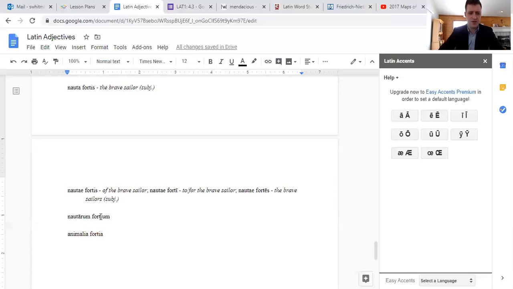In the genitive plural, we're going to get ium, and then in the neuter, nominative, and accusative plural, we'll get ia instead of just an a. And that, again, is just because all these third declension adjectives are I stem. So nautarum fortium means of the brave sailors.